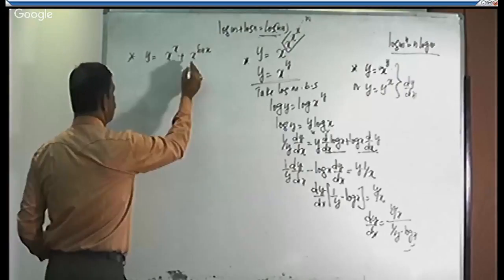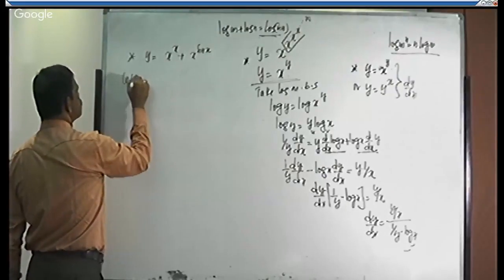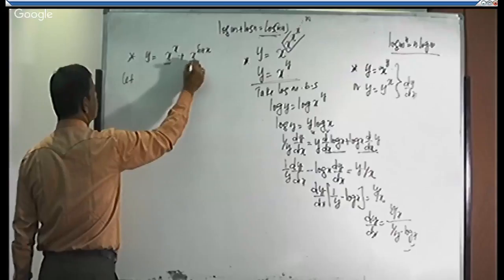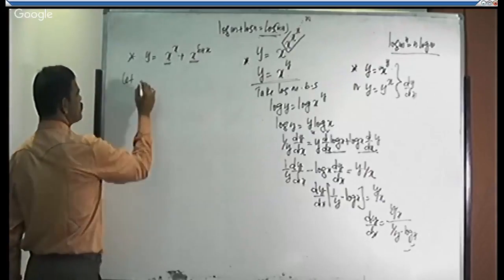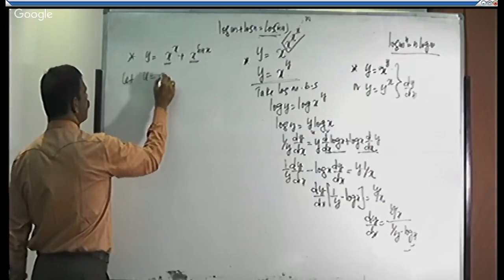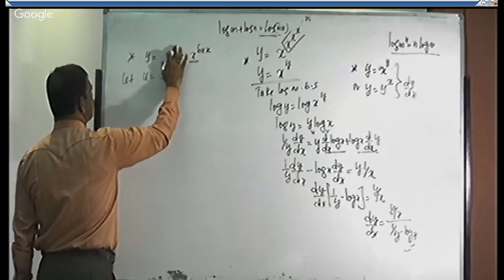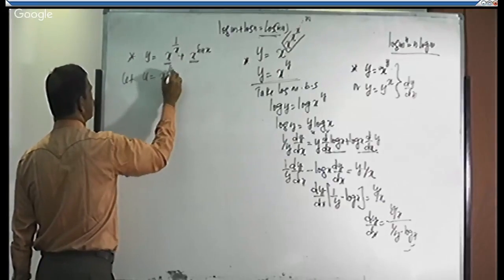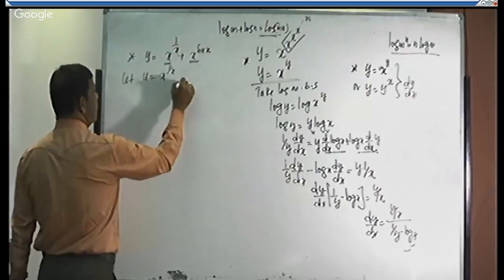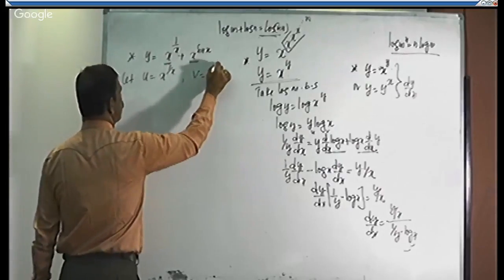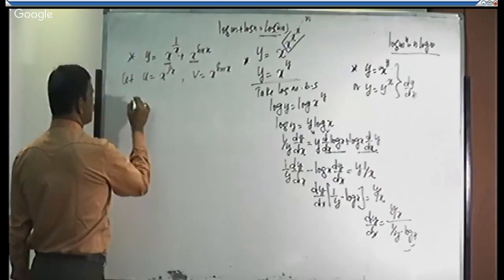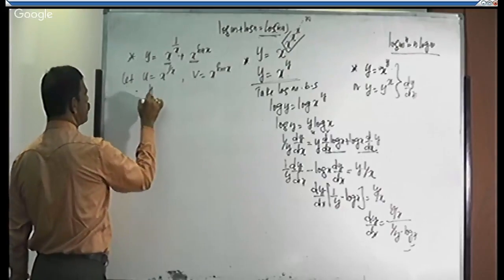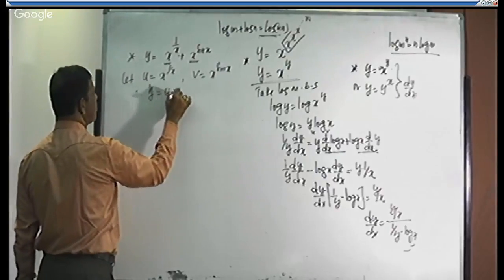Before taking log, take these two terms separately as u is equal to x to the power of x. Otherwise, take x to the power of 1 by x, we have done that for x now. And v is equal to x to the power of sin x. Therefore, y is equal to u plus v.